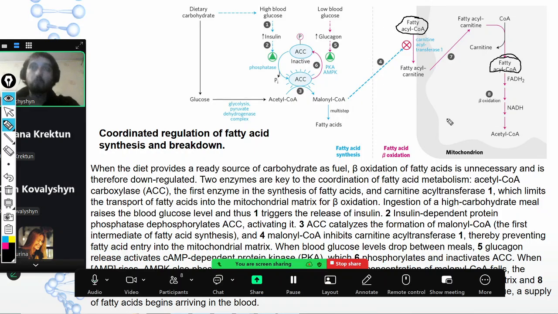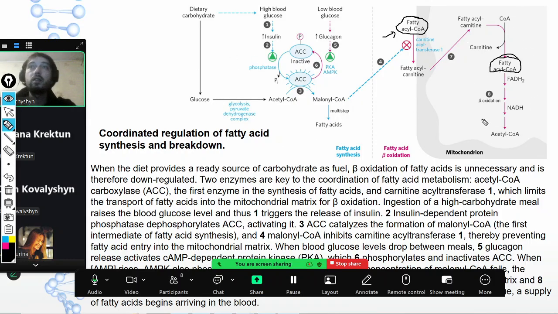So if we have a lot of acetyl-CoA, we are inhibiting this part, and we are basically telling that we are in a high energy state and we don't need to mobilize our fatty acid resources to get energy. We have some better sources of energy, and there is no need for this part to work, because we already have some glucose, so we can immediately get ATP and so on.